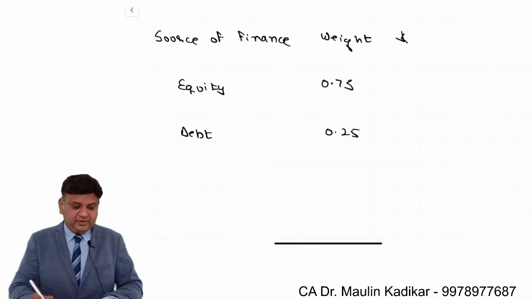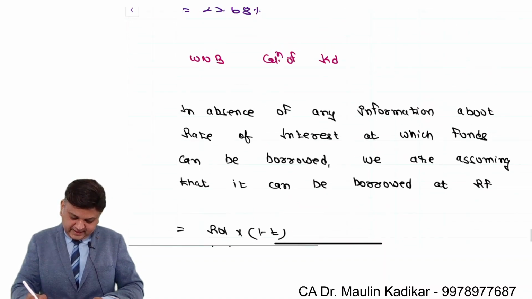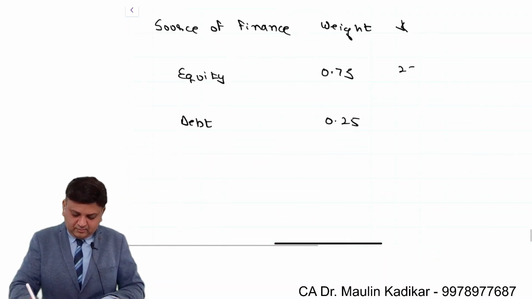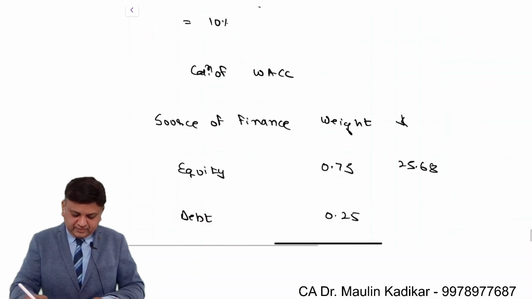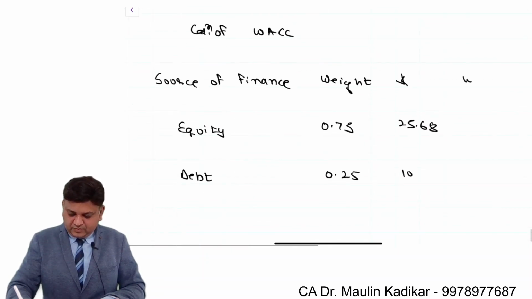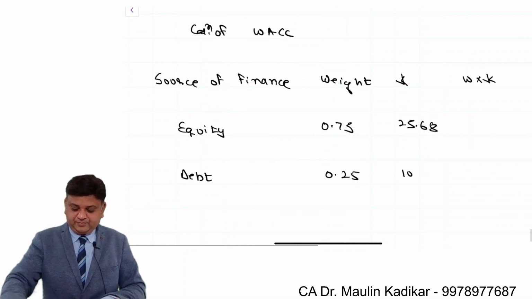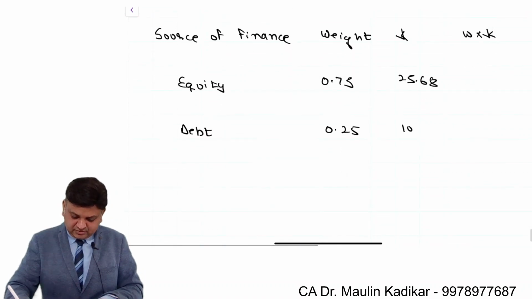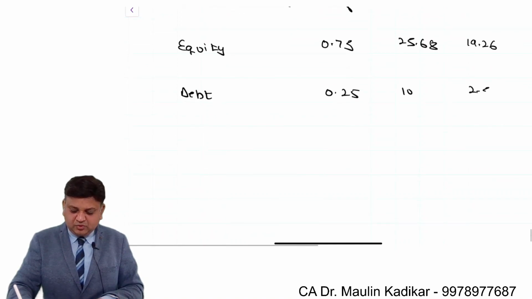Multiplied with the cost of capital. It is 25.68 and it is 10%. Weight into cost, 0.75 into 25.68 is 19.26 and this is 2.5.